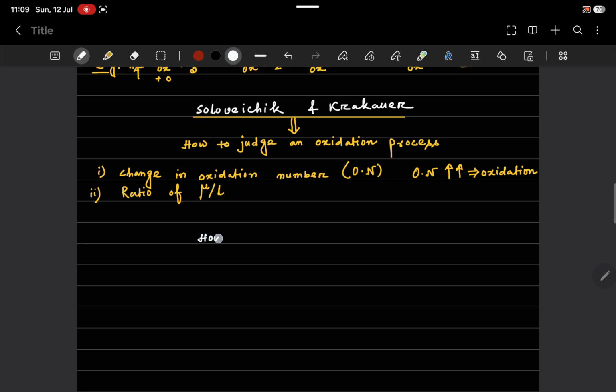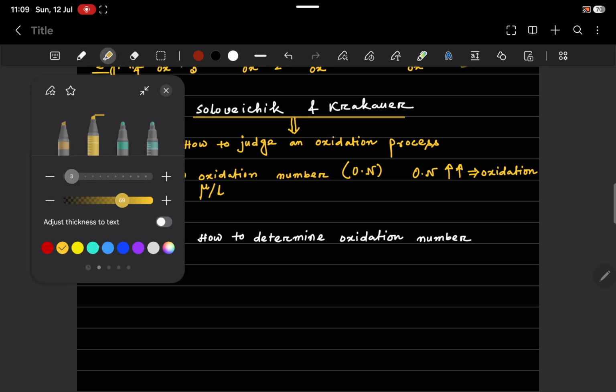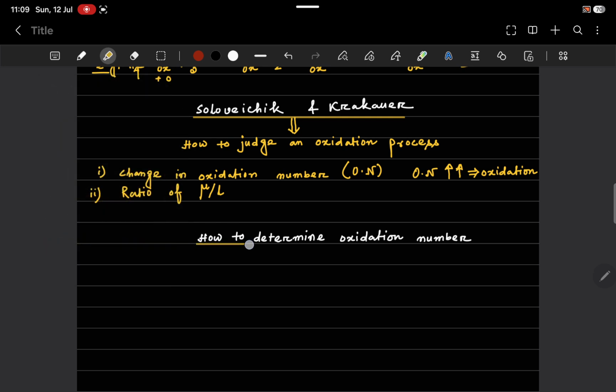How to determine oxidation number. If I ask you, can you find out the oxidation number of manganese in this permanganate radical anion?